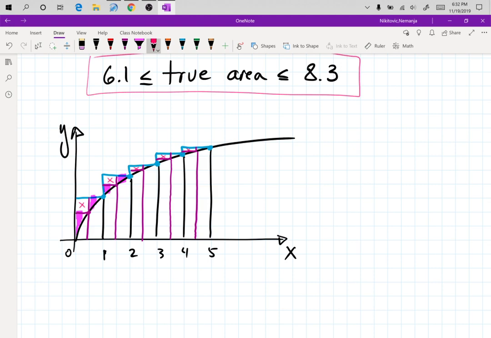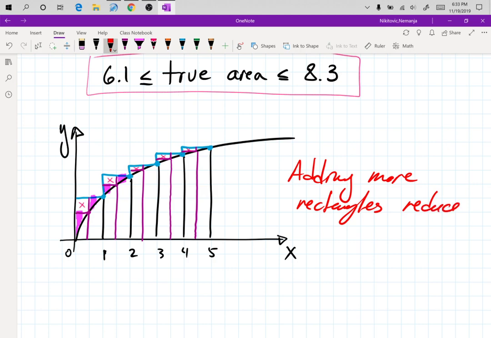So this picture here shows that adding more rectangles reduces error. So it's a trade-off game, right? More calculations, less error, less calculations, more error, right? So you can't have both ways.